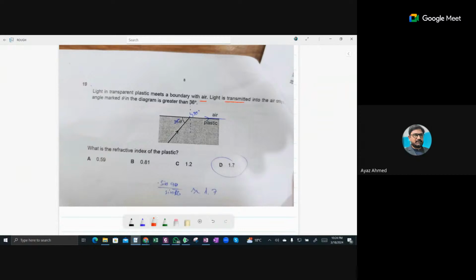The light is transmitted into the air only when the angle marked theta in the diagram is greater than 36 degrees. If this is 36 degrees, this is not the angle of incidence, remember this. Then the angle of incidence is 90 minus 36. So what is the answer? 90 minus 36, 44.